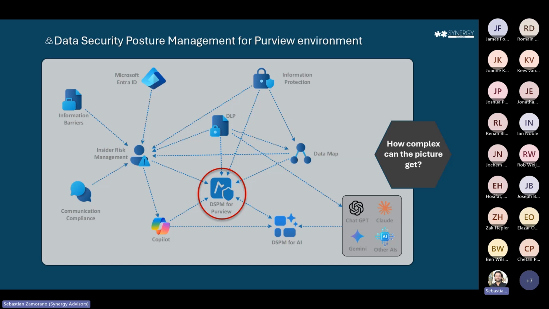We can see that we have some number of alerts on Entra, and some number of alerts on DLP, but the alerts on DLP can be related to Exchange or Teams.